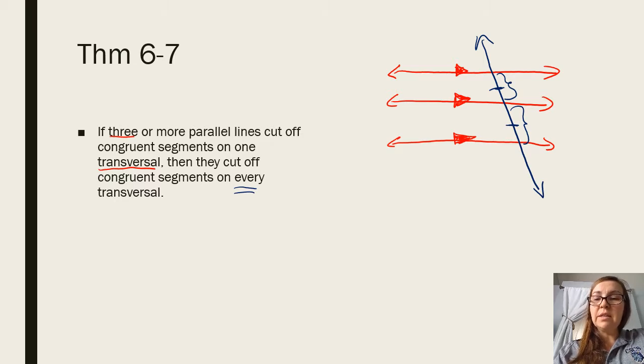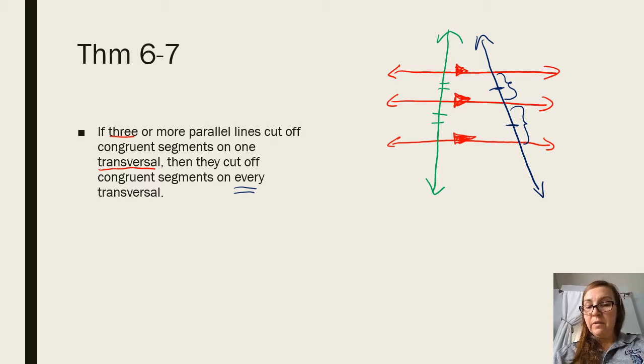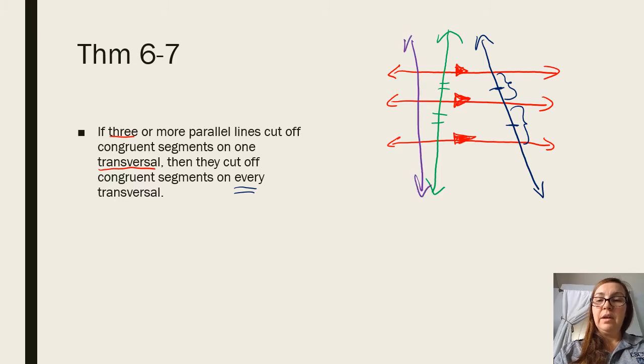So what that means is I could draw another transversal. It doesn't even have to be parallel to this first one, and these two segments are now congruent. I could even draw a third transversal if I needed to, and then these segments are congruent. Okay, and that's what the theorem is saying.